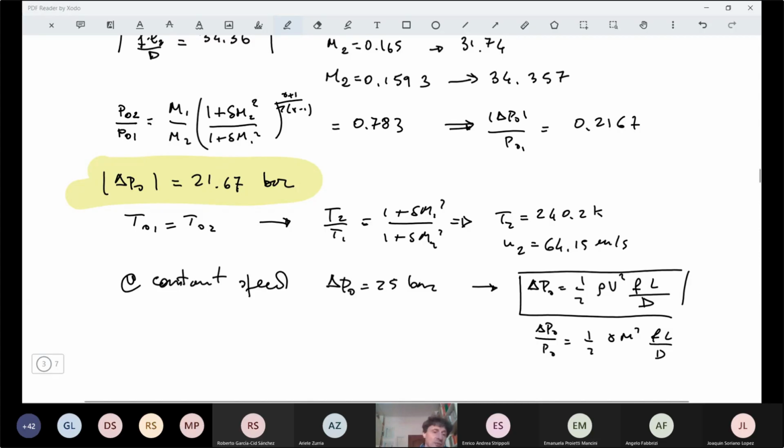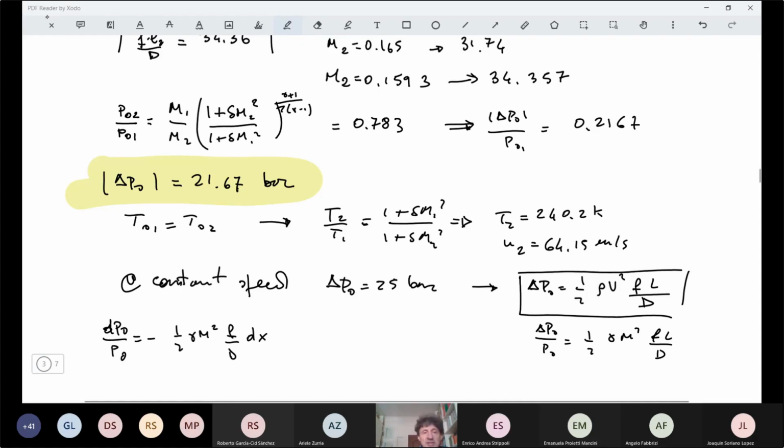And if you go back to the theory, you know that this dP0 over P0 is minus 1/2 gamma M squared f over D dx.